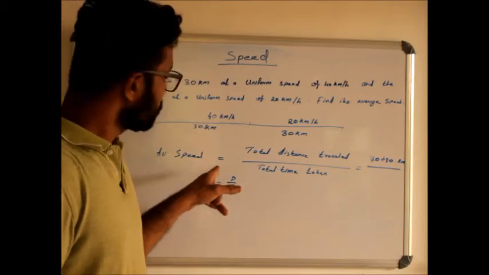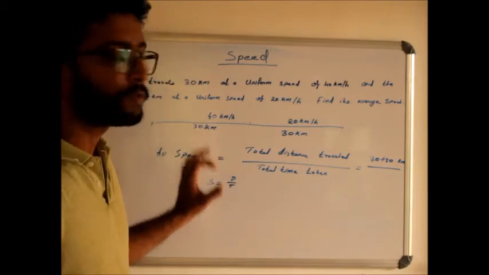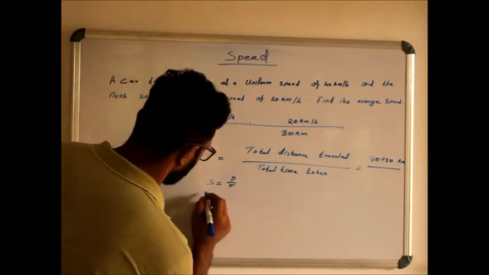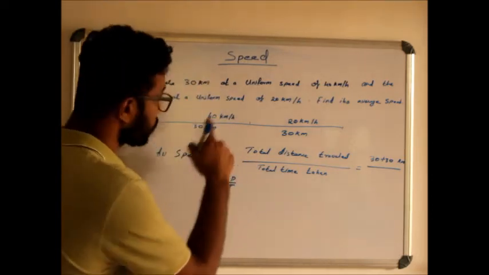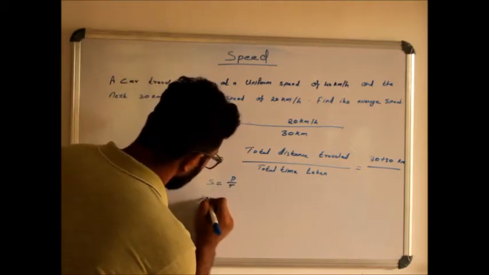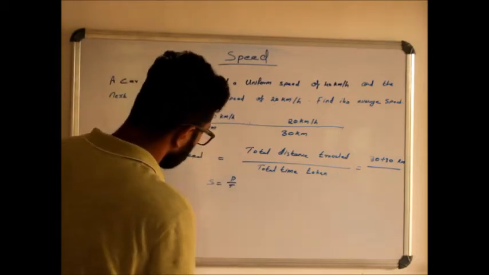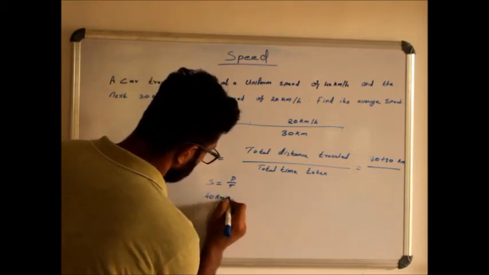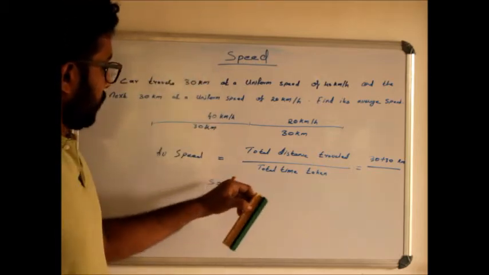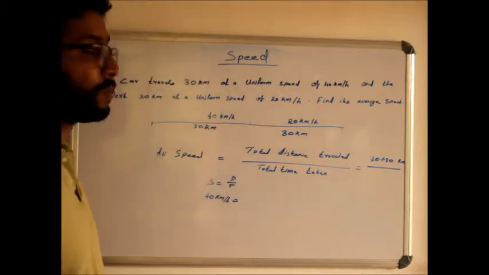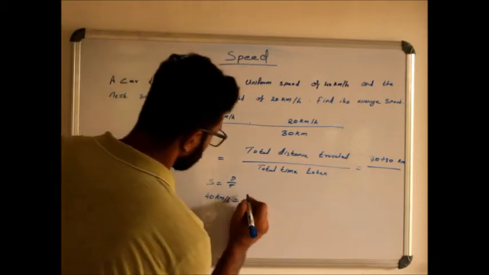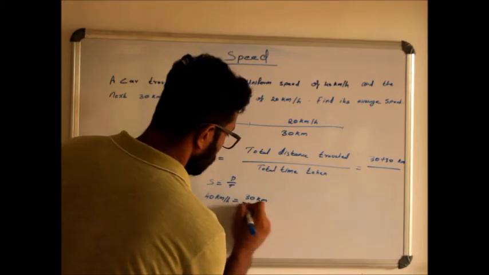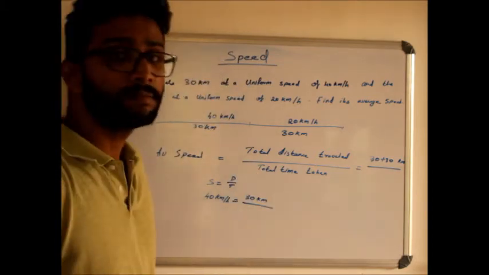So in the first case, speed is equal to 40 km per hour. Now, what is the distance? 30 km. Now, what is the time taken? Not given.